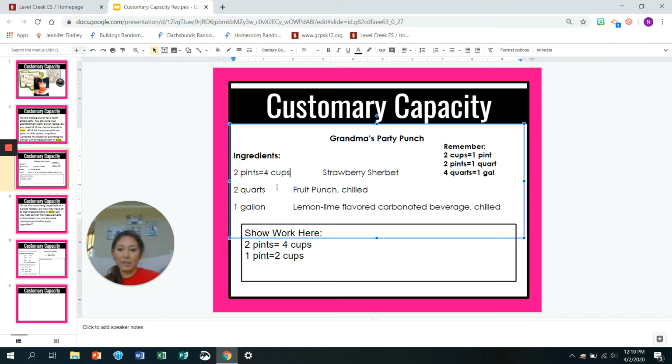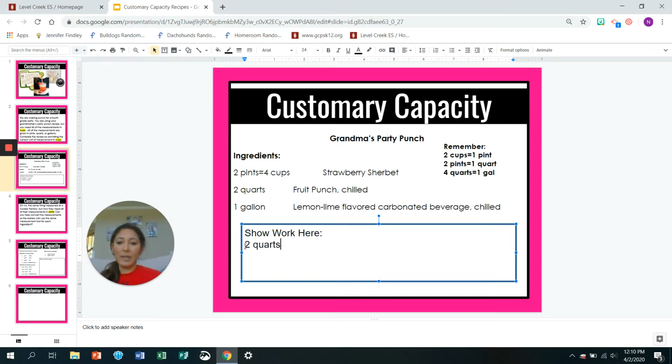Now let's look at fruit punch. We need to figure out how many cups are in 2 quarts. First let's just figure out 1 quart. If we had our big G, which I do, I'm going to refrain from using that. We're just going to practice multiplying and dividing.